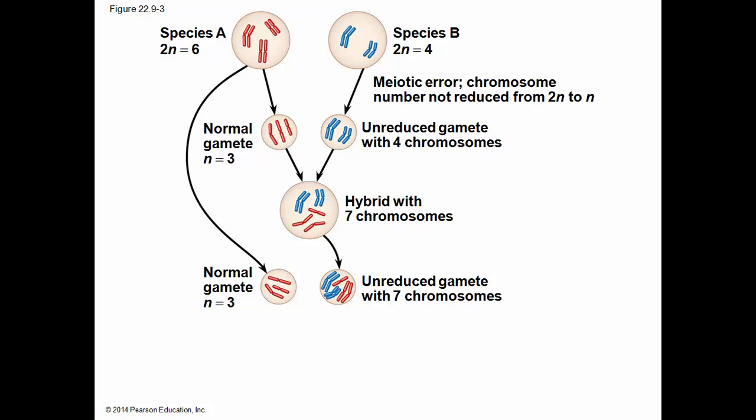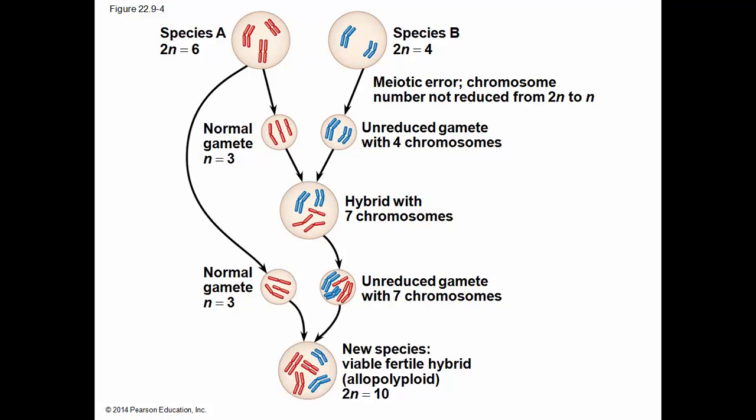Okay, a normal gamete again joins with the unreduced gamete that has 7 chromosomes. A new species, a viable fertile species, an allopolyploid, has 10 chromosomes.